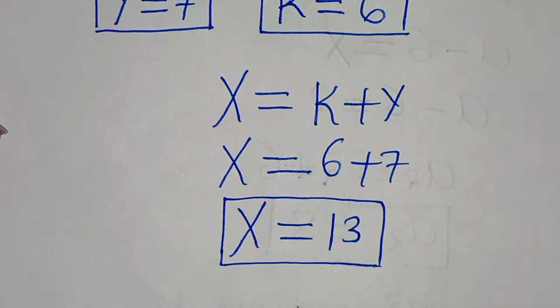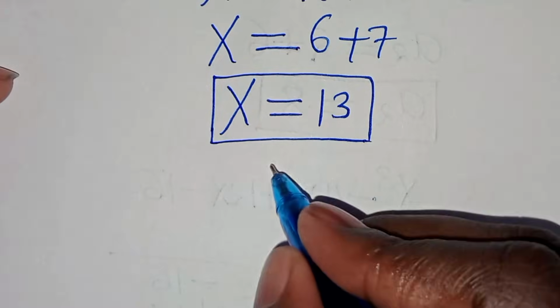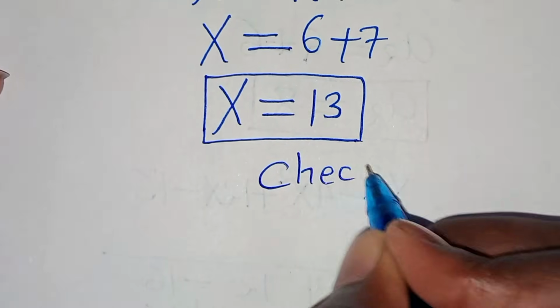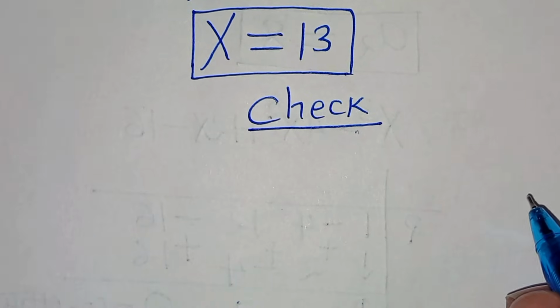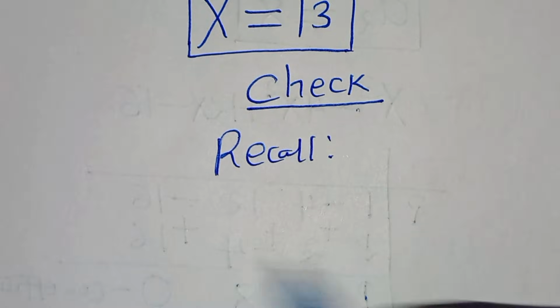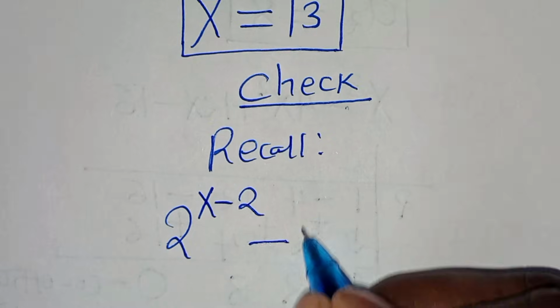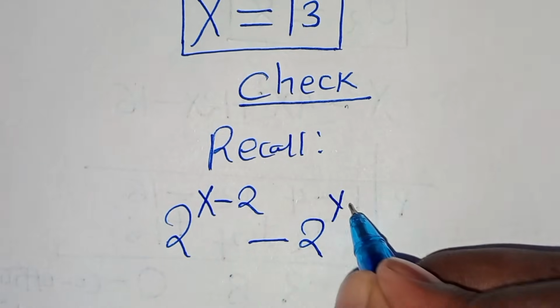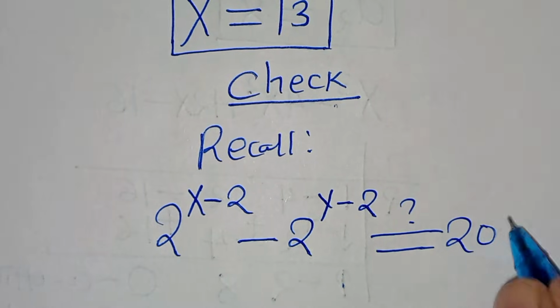Now, we have the value of y and the value of x. So now, let's check if these two values of x and y satisfy the equation. If you recall, we have 2 to the power of x minus 2, minus 2 to the power of y minus 2. This is supposed to give us a value of 2016.